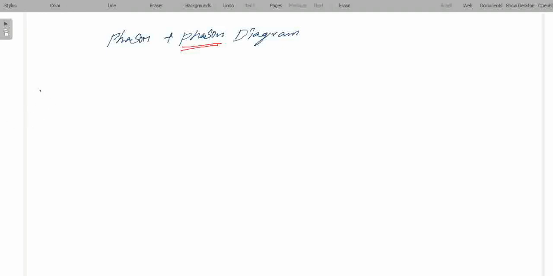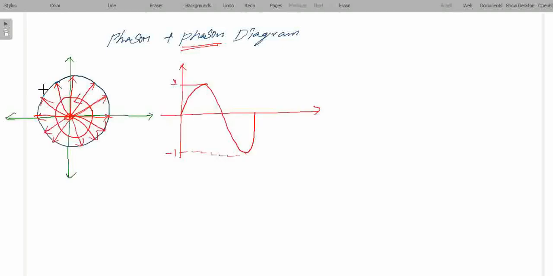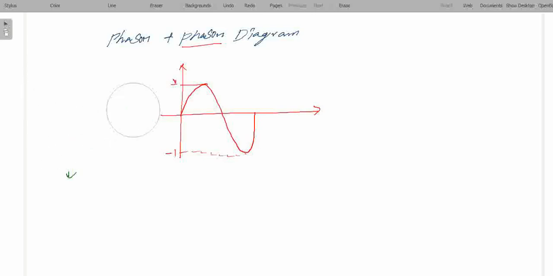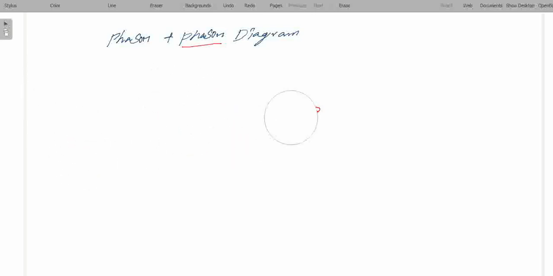Let us take the standard form for a phasor diagram. V of t is equal to Vm into sine omega t plus phi.